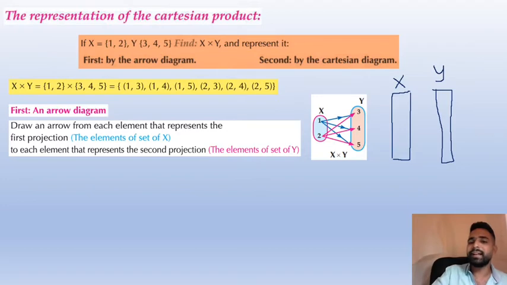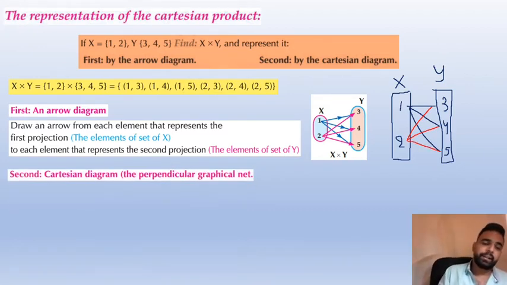Then I will write the elements of x, which are 1 and 2, and the elements of y, which are 3, 4, and 5. Then I will match 1 with 3, 1 with 4, then 1 with 5. Then I will match 2 with 3, 2 with 4, and 2 with 5.